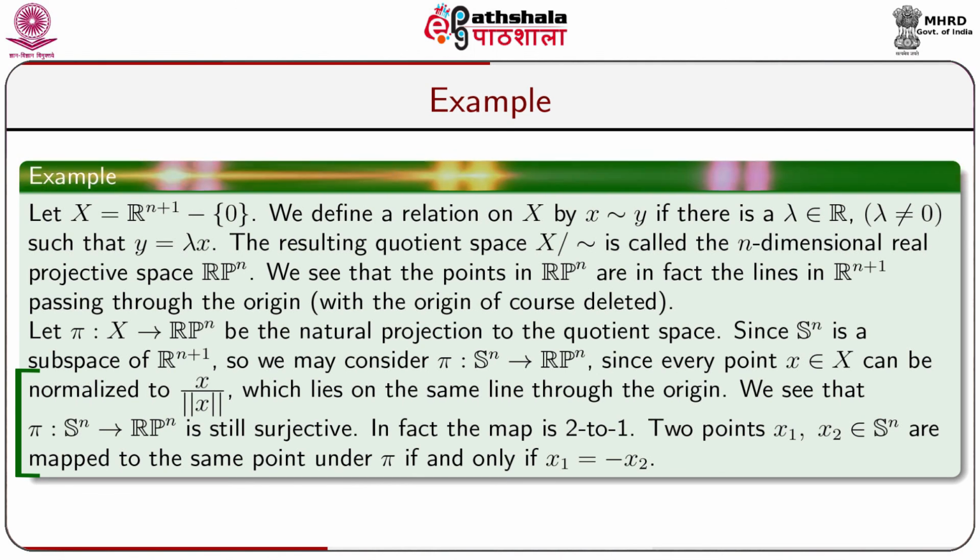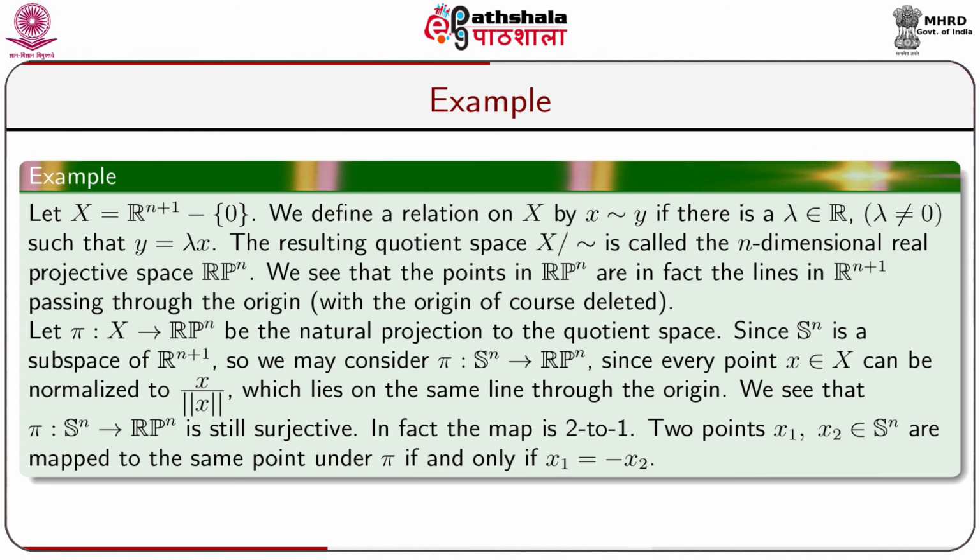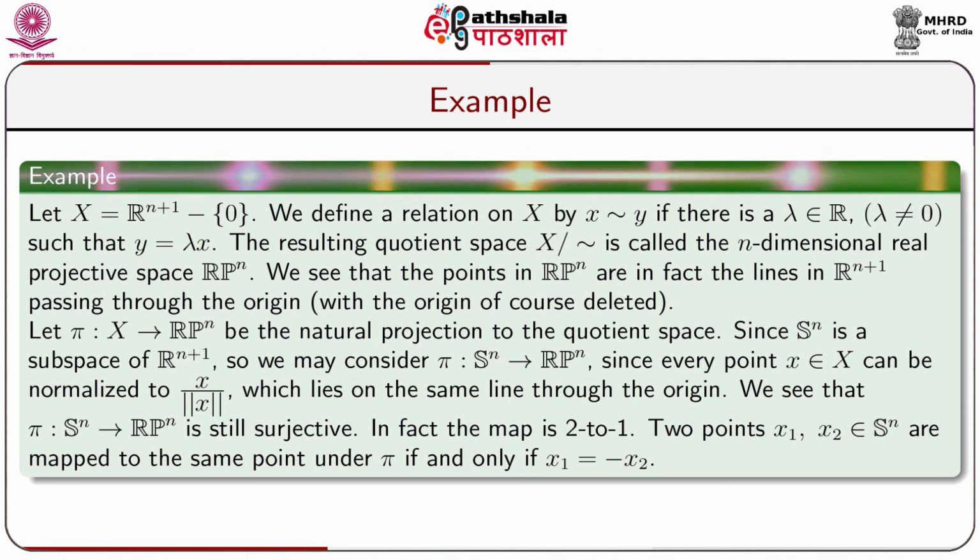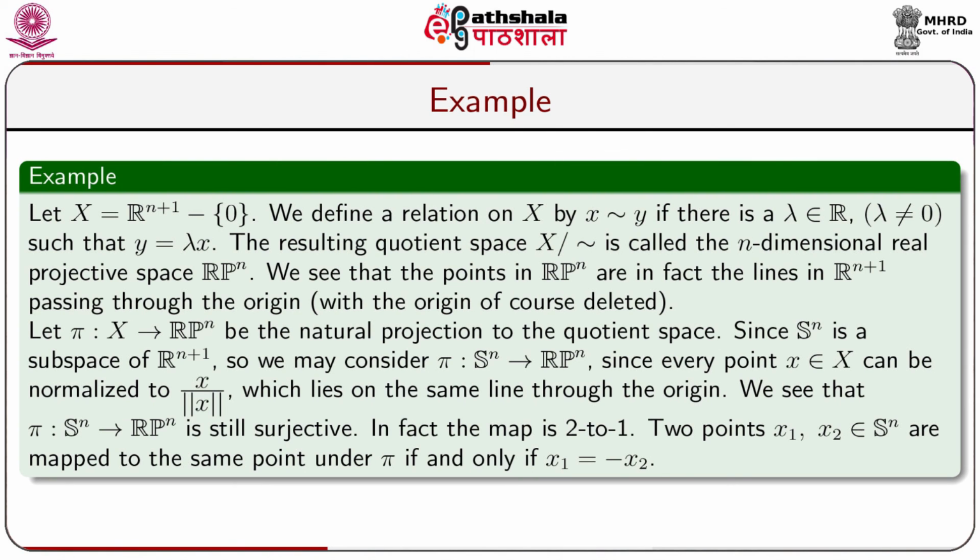It can also be viewed as the quotient space obtained from Sn by identifying diametrically opposite points.